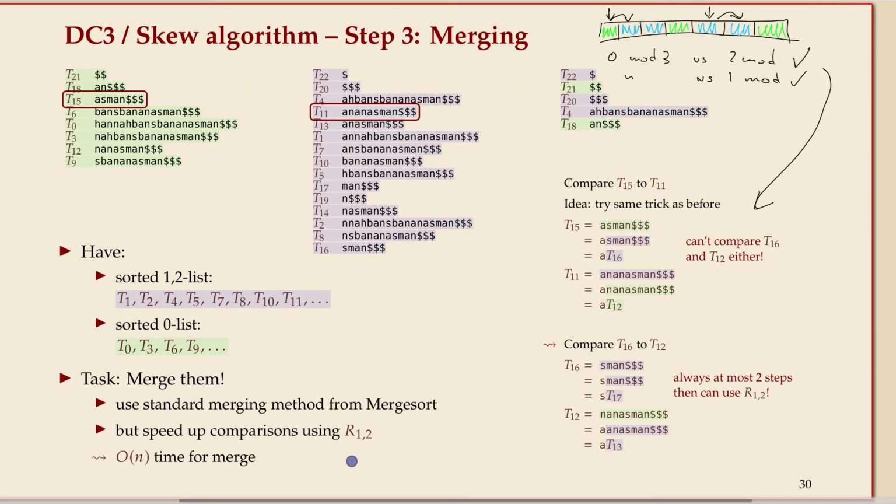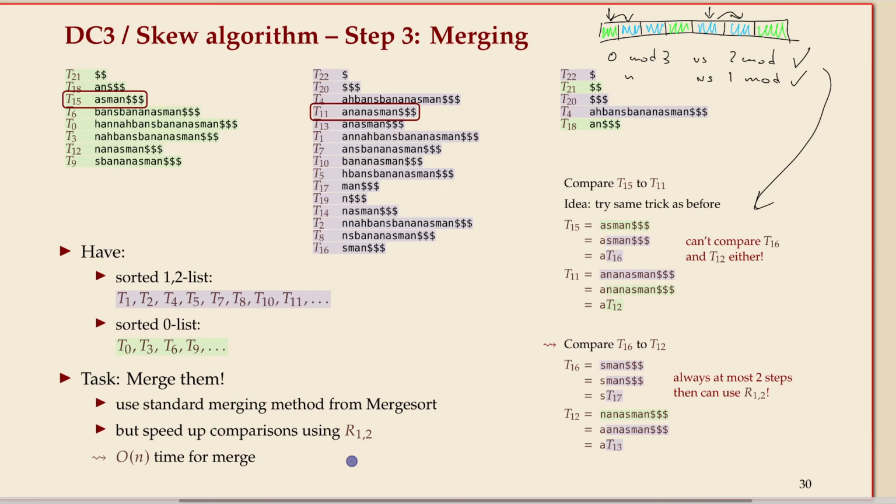So in total, you need constant time for each of these comparisons. It's chopping off 1 or 2 characters, and you can compute with the indices modulo 3 which case it is, and then maybe look up one comparison of ranks. So each step of the merge takes constant time, and merge overall uses a linear number of comparisons.